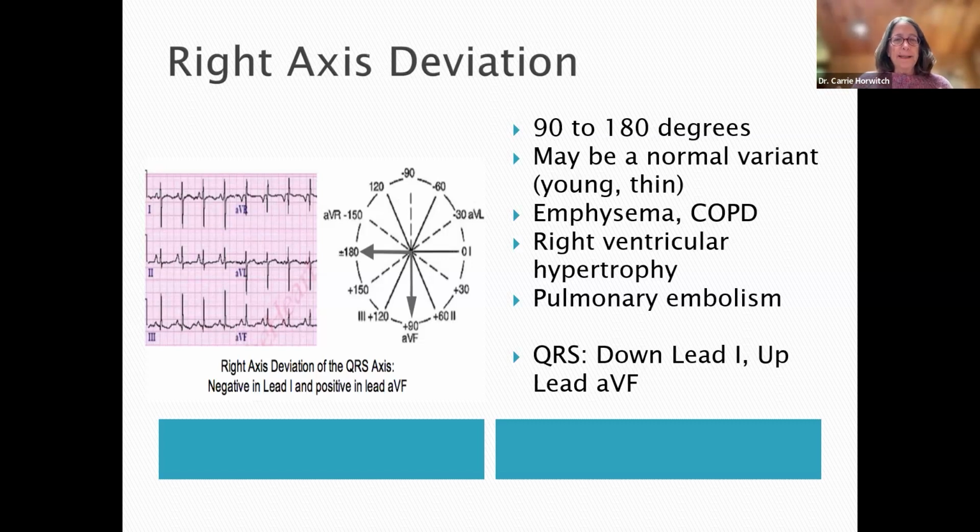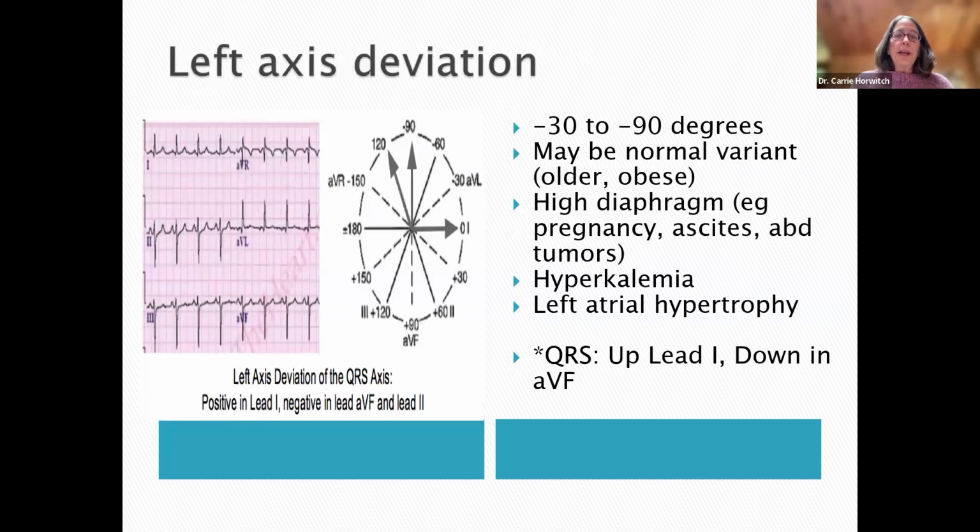On the other hand, with left axis deviation, typically we're looking at things that may affect the left side of the heart, but again, there can be normal variants. It could be because the diaphragm is pushing, or hypertrophy, hyperkalemia, again ischemia.